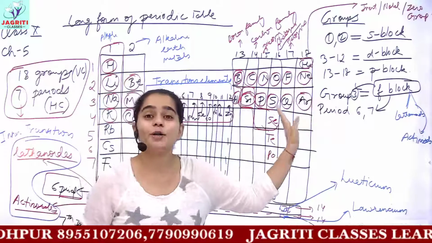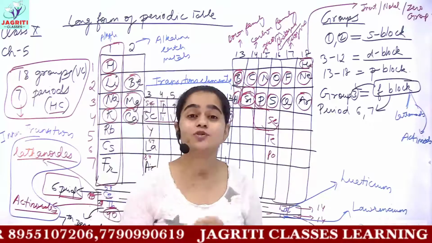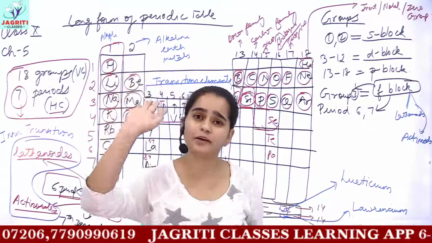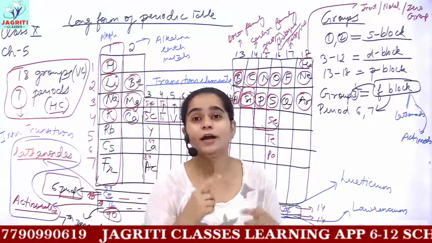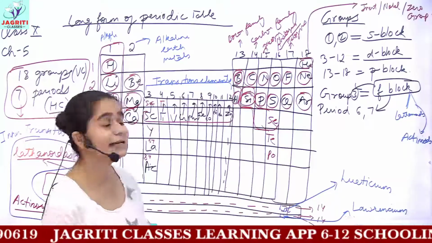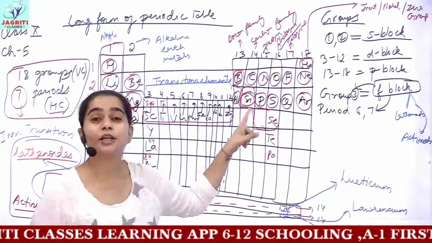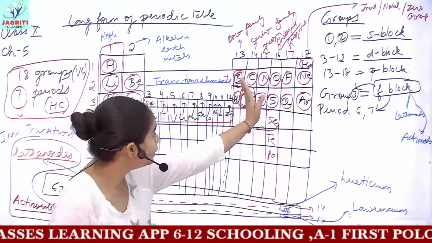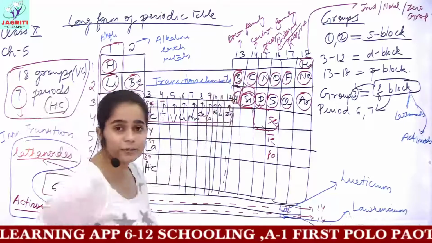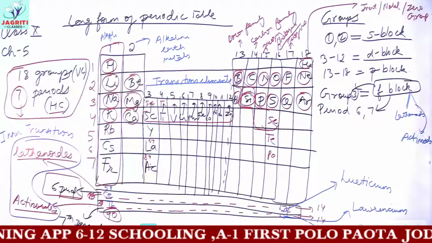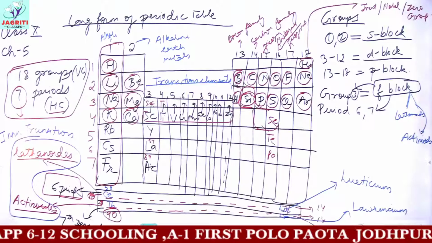These are called metalloids. We have discussed what is meant by metal, non-metal and metalloids in your earlier chapters, so we are not going to discuss them in detail now. So this zigzag line of metalloids is present in your periodic table, and this is the boundary line between metals and non-metals. So this is an account of the modern periodic table which you have with you.